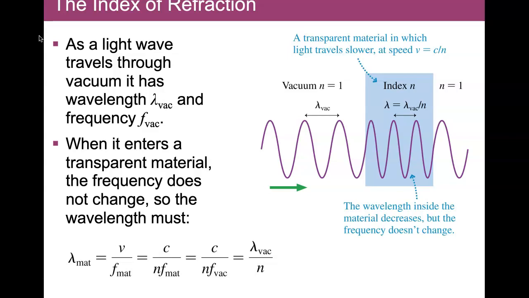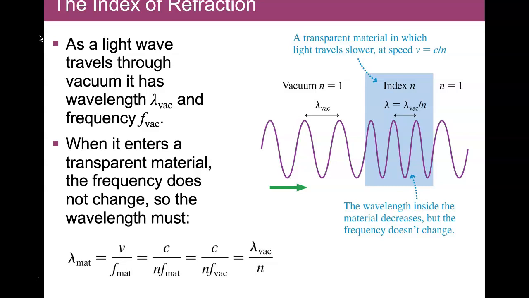Now there is a consequence of this change in the speed of propagation, right? Remember last time we had this example of, let's say, two ropes of different density tied together, and we had a wave that we sent along one of them, and then there was an interface and it entered the other one.